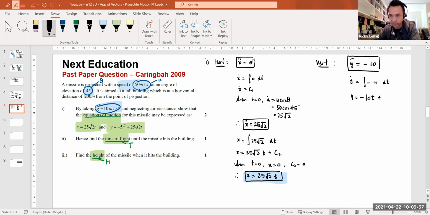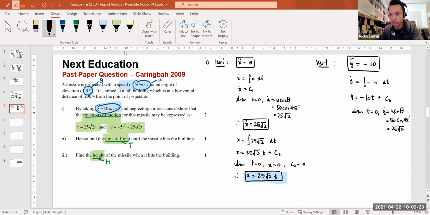Yeah, plus your third constant. When t equals 0, y dot equals u sine theta. In this case, actually exactly the same, right? So 50 sine 45, and I know that to be 25 root 2. Sorry, that's my constant.